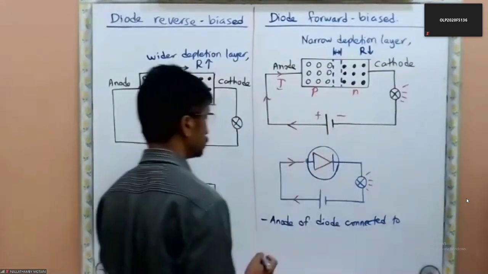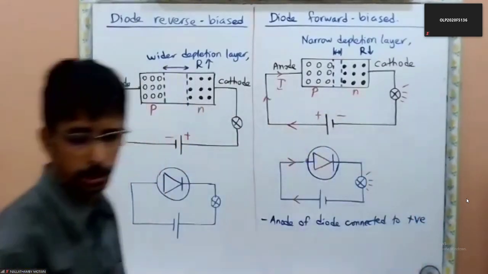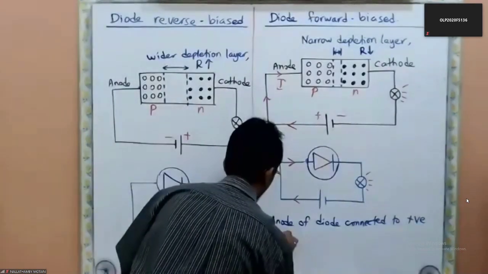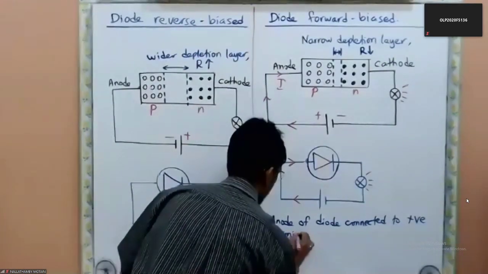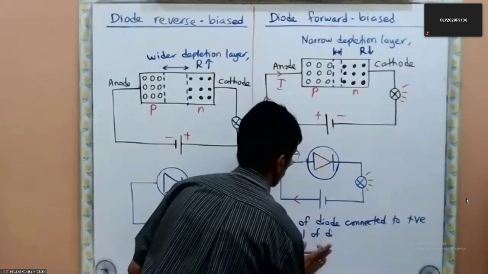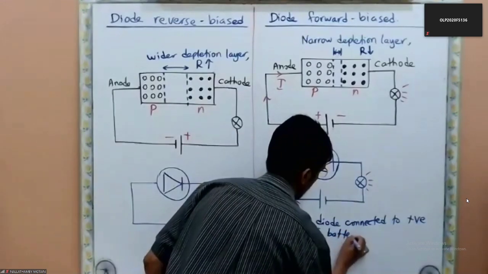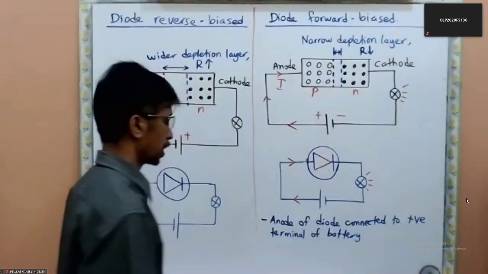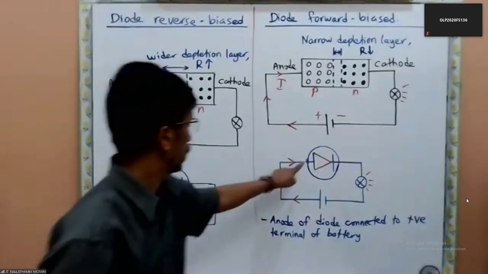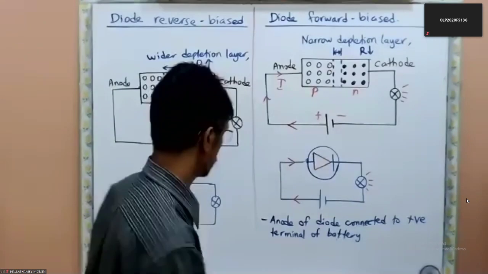Anode of diode connected to positive terminal of battery. You don't write it like this in the exam. Anode of diode connected to positive terminal of battery.